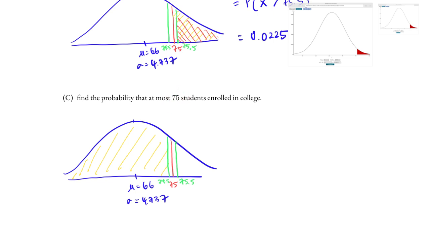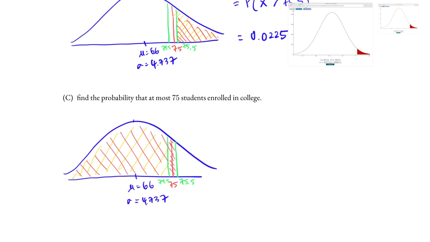And again, the answer is yes, because at most 75 is from 0, 1, 2, 3, all the way to 75, including 75. So how do we shade it? How do we correct this shaded region to include the number 75? We have to go past 75 up to 75.5 to make sure that we include the number 75.